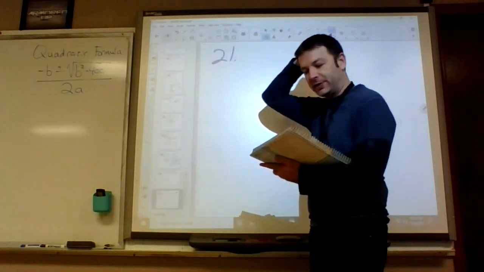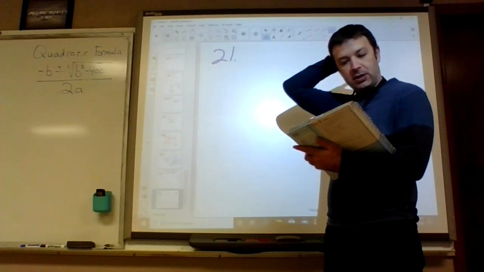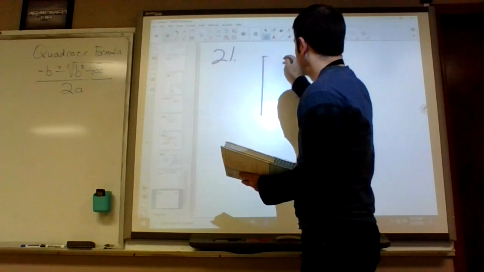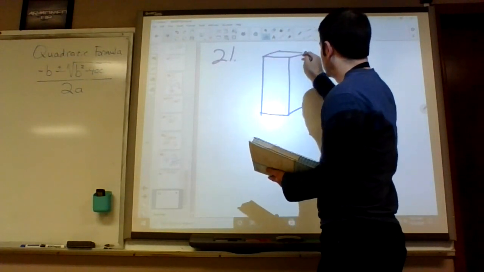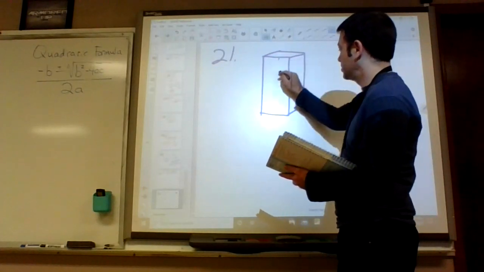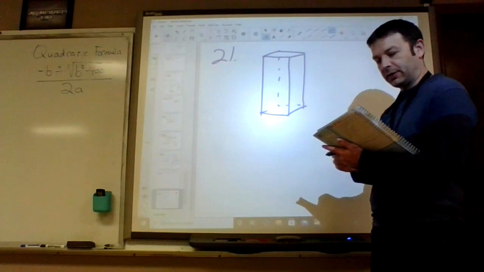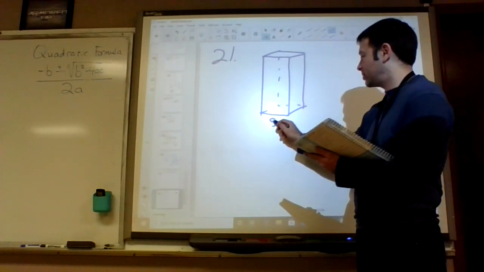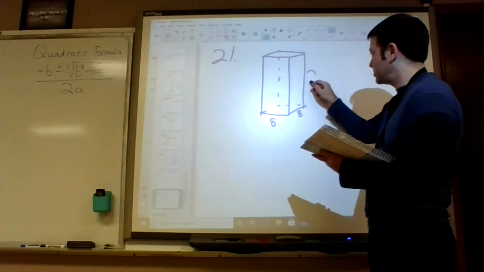21. Find the lateral surface area and the total surface area for each surface below. A right prism having a square base with s equals 8. So the sides of the square are 8 and the height of the prism is 22.